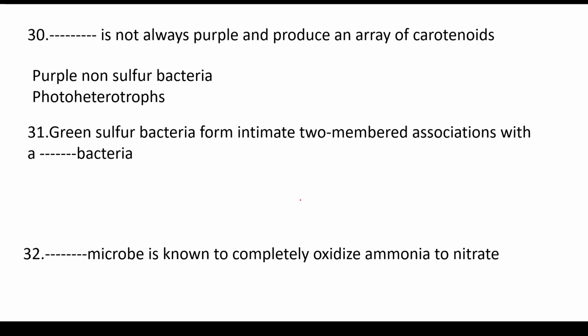Purple non-sulfur bacteria are also photoheterotrophs. The next answer is chemoorganotrophic or consortium.